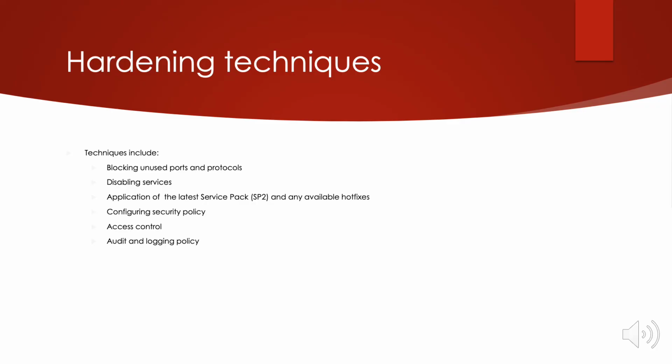Auditing and logging is extremely important because once something happens or there is a security violation, you can immediately see it, or during your security updates or security checks you can go back and make sure anything that looks out of place is automatically logged in the server.